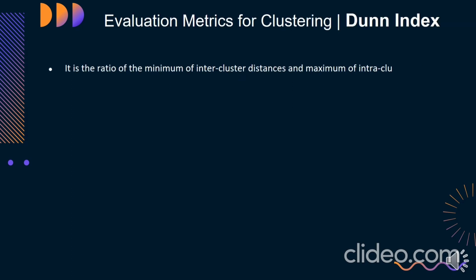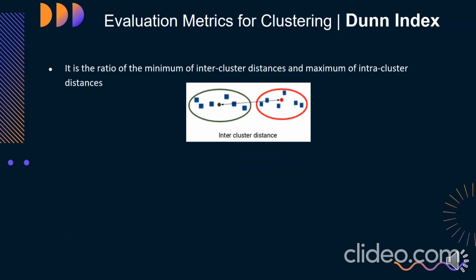Now, inertia makes sure that the first property of clusters is satisfied, but it doesn't care of the second property, that different clusters should be as different from each other as possible. Along with the intra-cluster distances, the Dunn index also takes into account the inter-cluster distances, that is the distance between the centroids of two clusters.